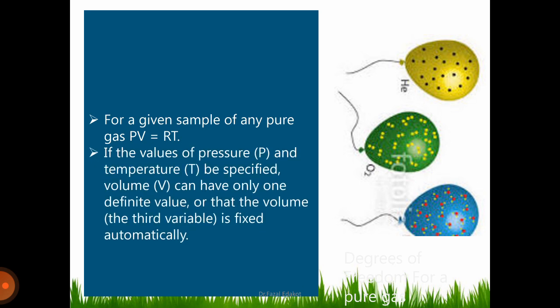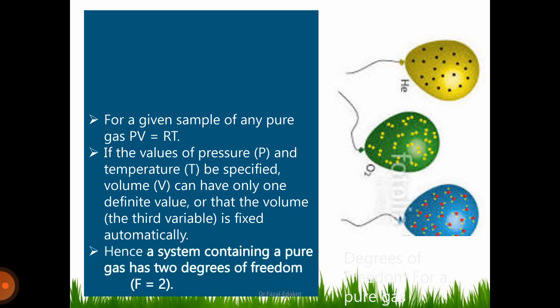If the value of the pressure and the temperature be specified, if it is 1 mole of substance, I have taken n mole, now here it is 1 mole, so volume can have only one definite value, or the volume, the third variable, is fixed automatically. Hence the system containing a pure gas has 2 degrees of freedom.